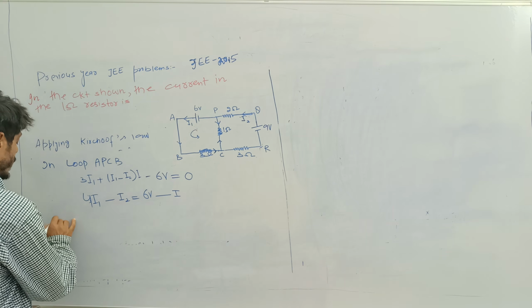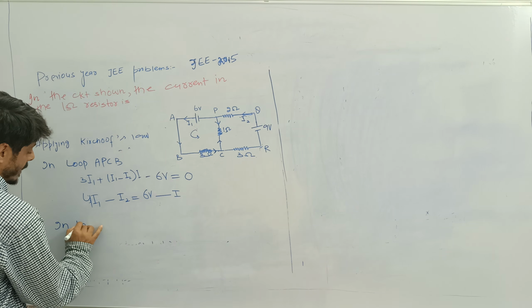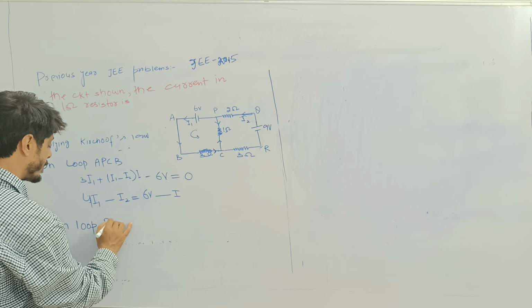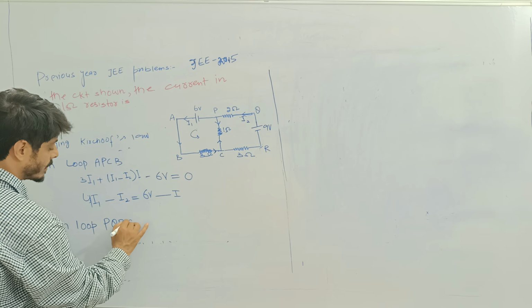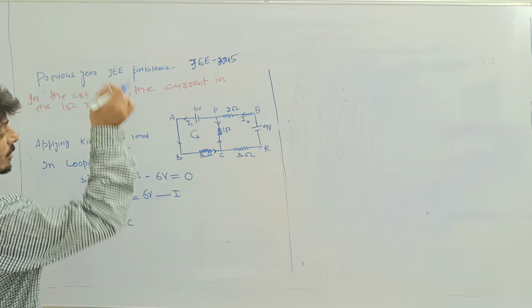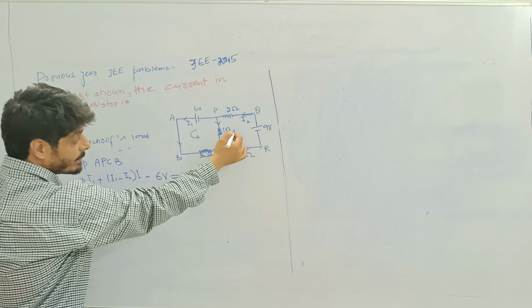After that, I will apply the loop law in loop PQRC. The direction of the current is this.